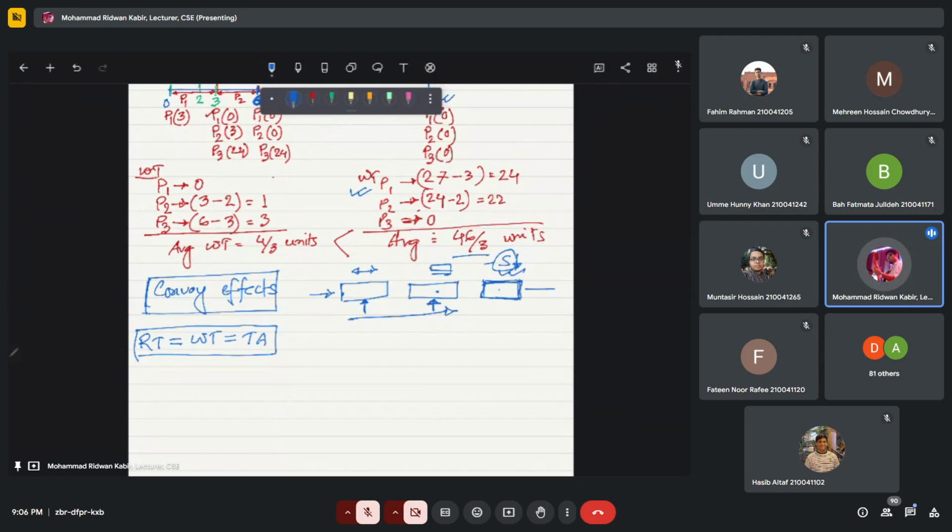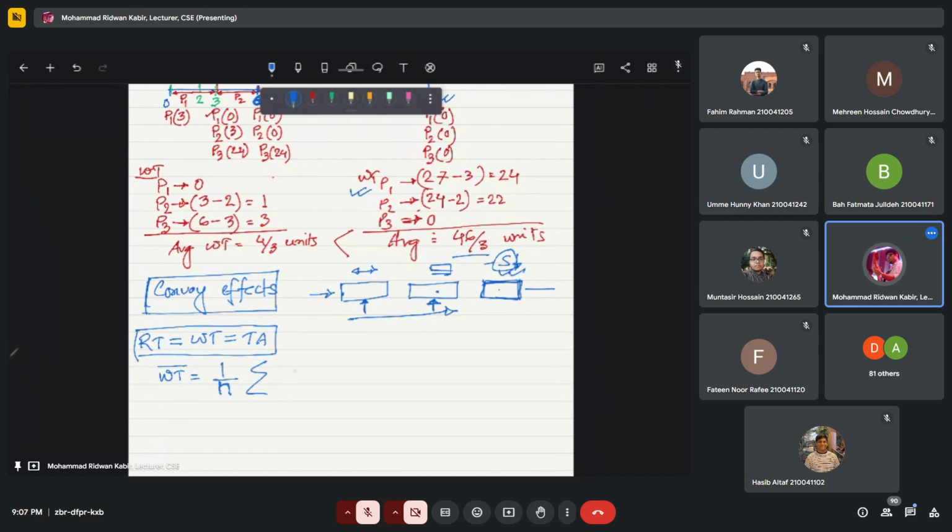Now, from this particular scenario, if we want to generalize a formula for the average waiting time, it will look something like this. So 1 over n, where n is the number of processes in my system.